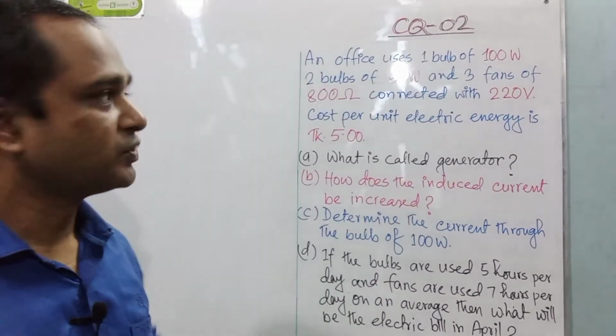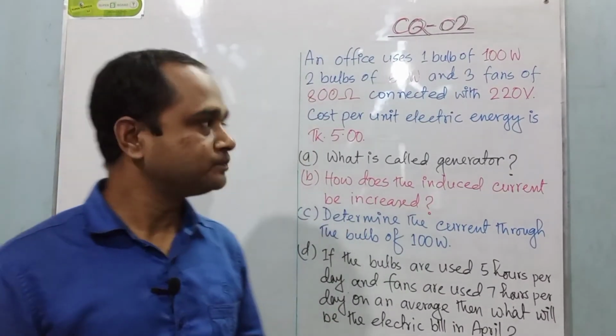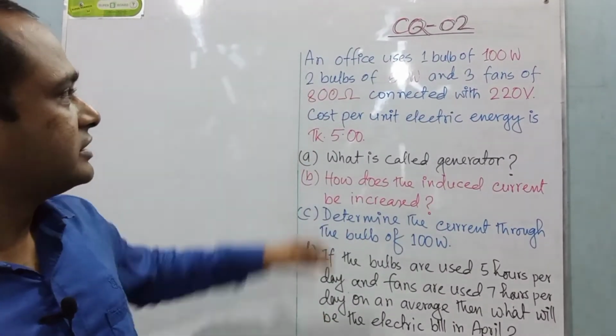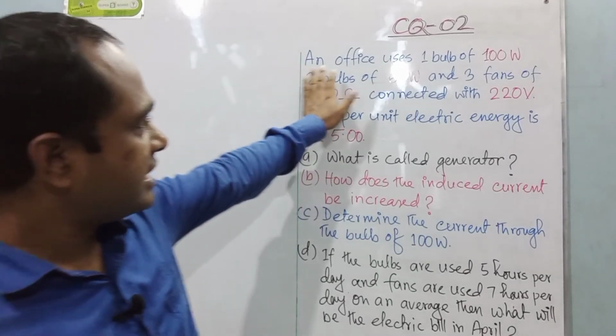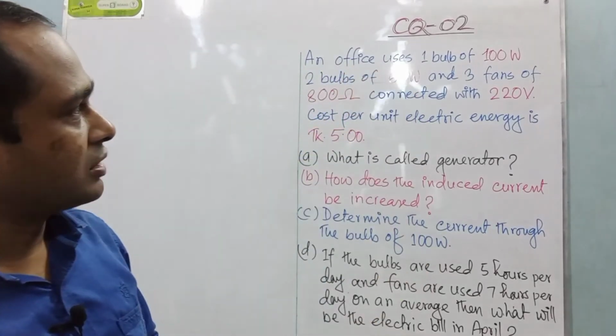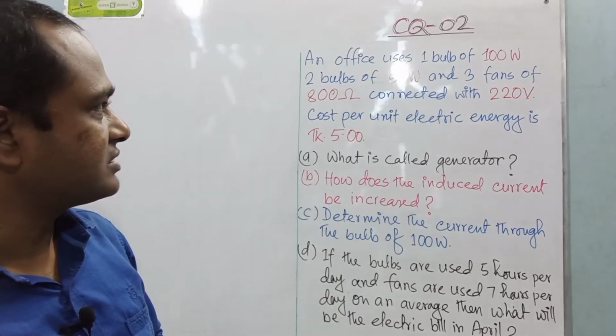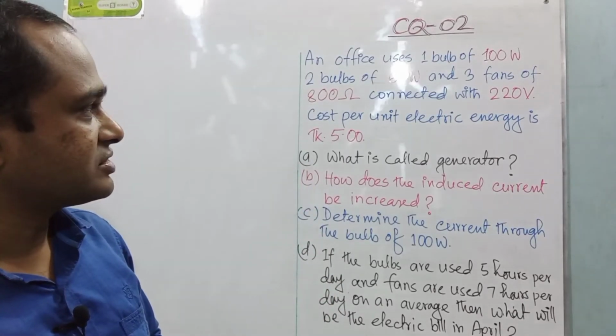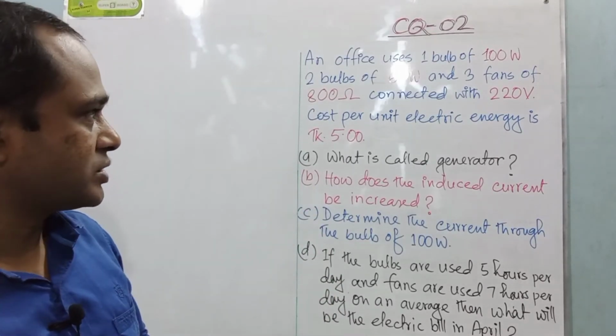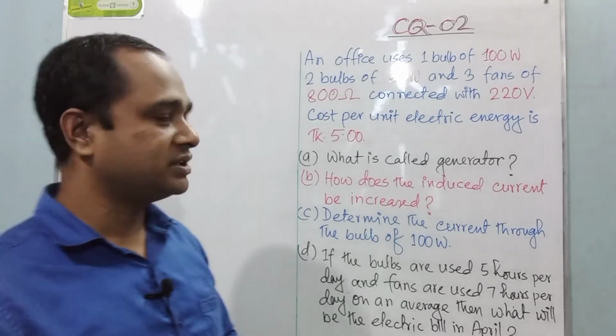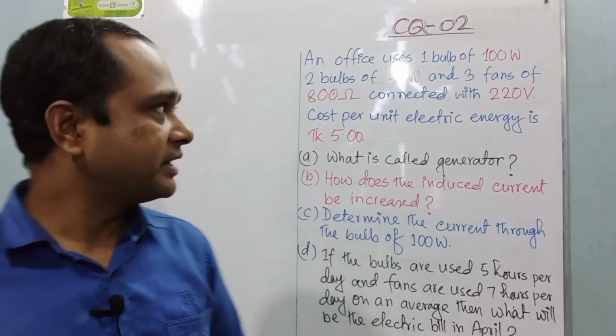Dear students, here is our next creative question. The stem of the question describes an office that uses one bulb of 100 watt, two bulbs of 60 watt, and three fans of 800 ohm connected with 220 volt. That is, they are using two types of appliance.